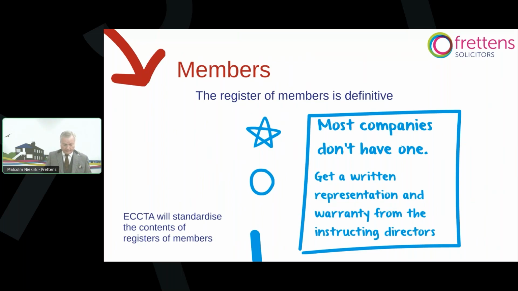I did cover ECTA in a previous coffee break briefing as one of the important parts of it, the requirement for directors to identify themselves to Companies House, as that is coming into effect on the 18th of November. I might perhaps do a refresher on ECTA in the new year.